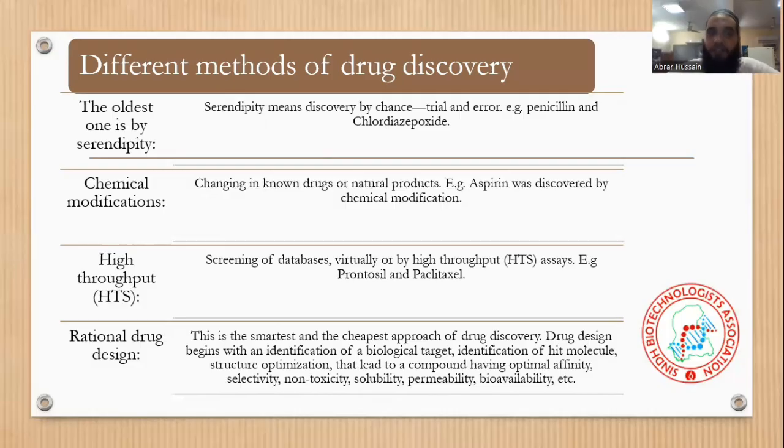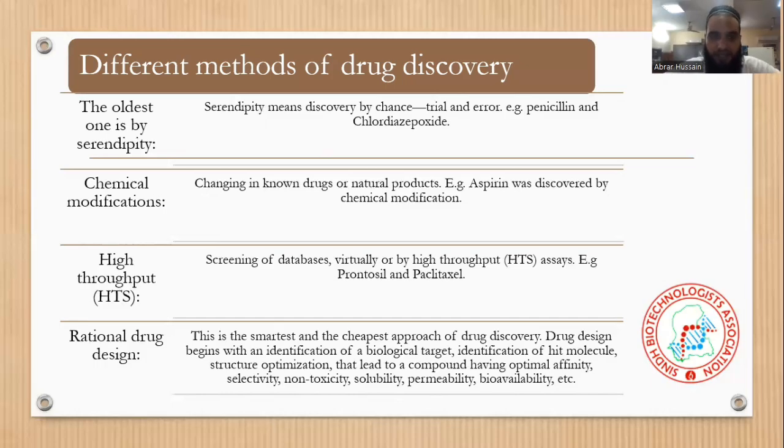Another approach is called high throughput screening. In this approach, scientists screen virtually available databases of different substances by different methods, and try to identify a substance or chemical entities which have potential therapeutic abilities against a certain disease.